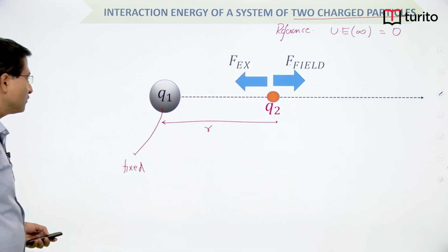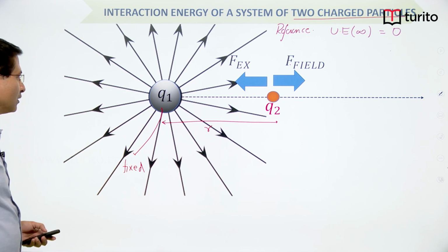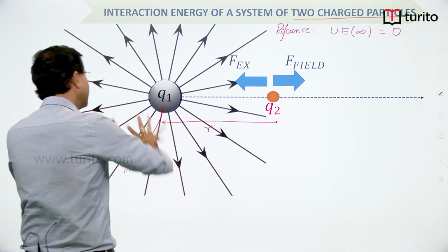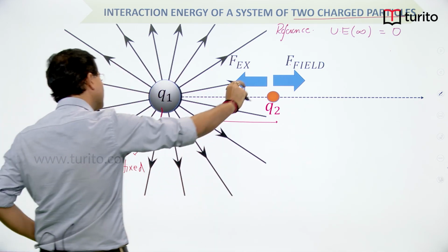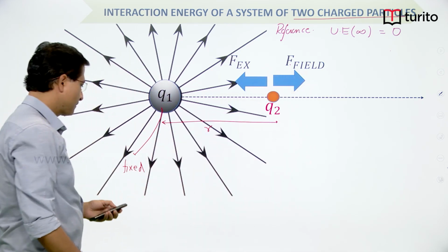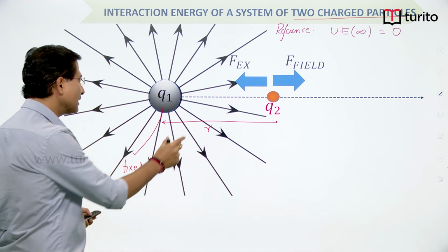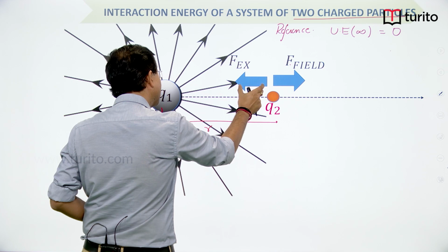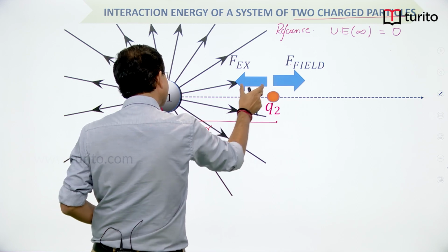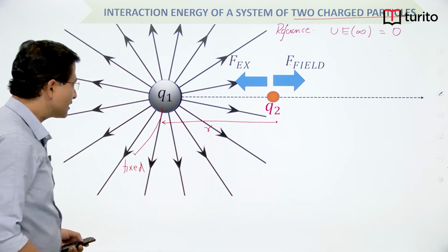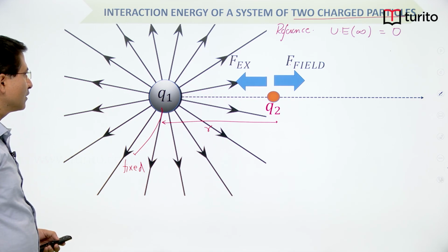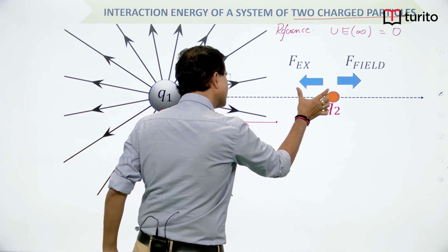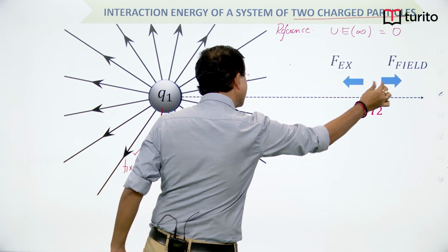As you move this particle to infinity, the field is exerting force in this direction and you are reducing your force in such a way that it is slightly less than this one. As the particle moves, this force reduces and this force also reduces.